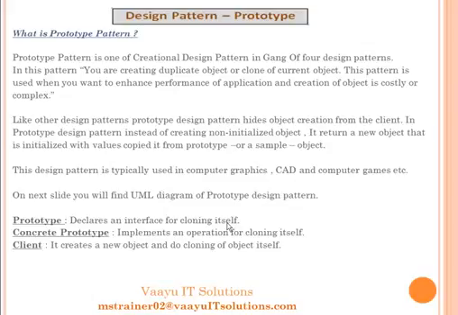Suppose you have a student object with first name, last name, father's name, grade, hobbies, etc. When we create a new object from this, the new object will have all the details that it had in its previous object.